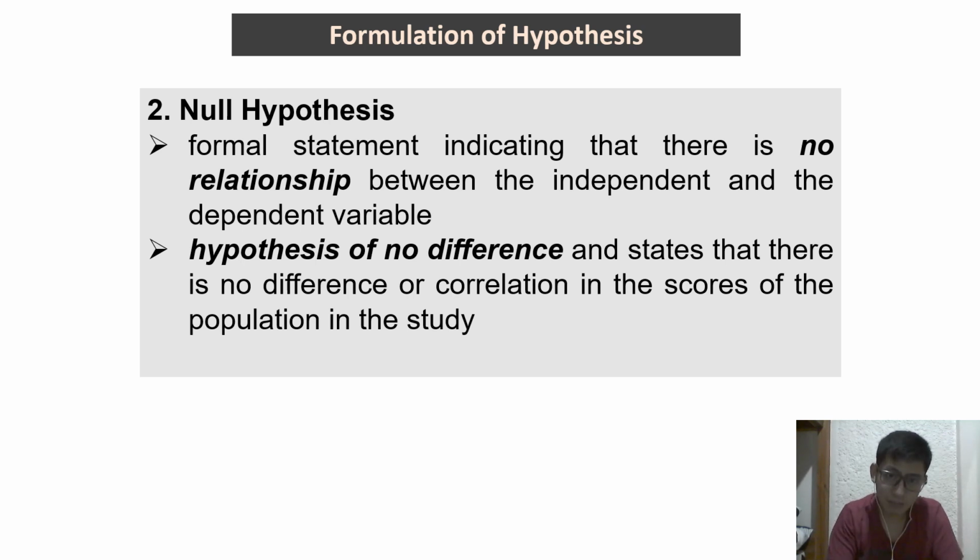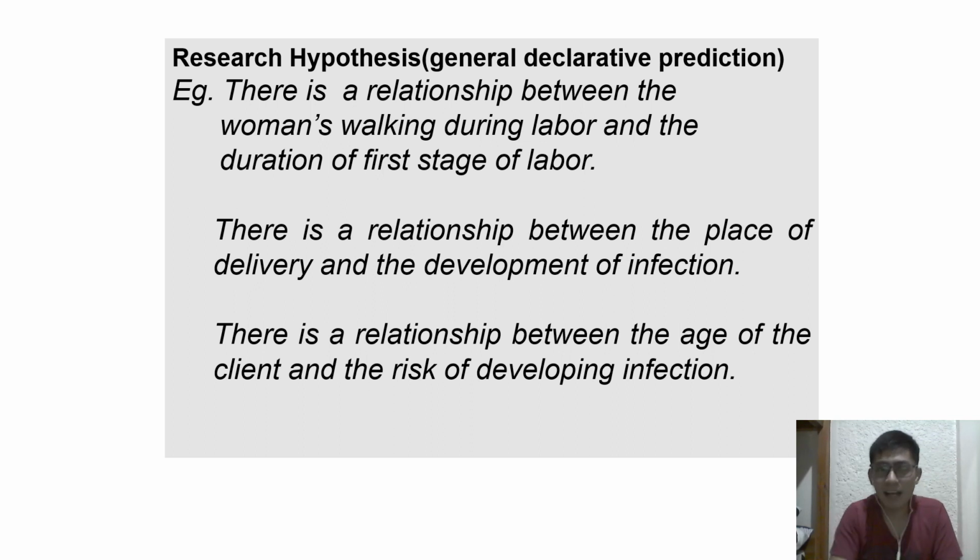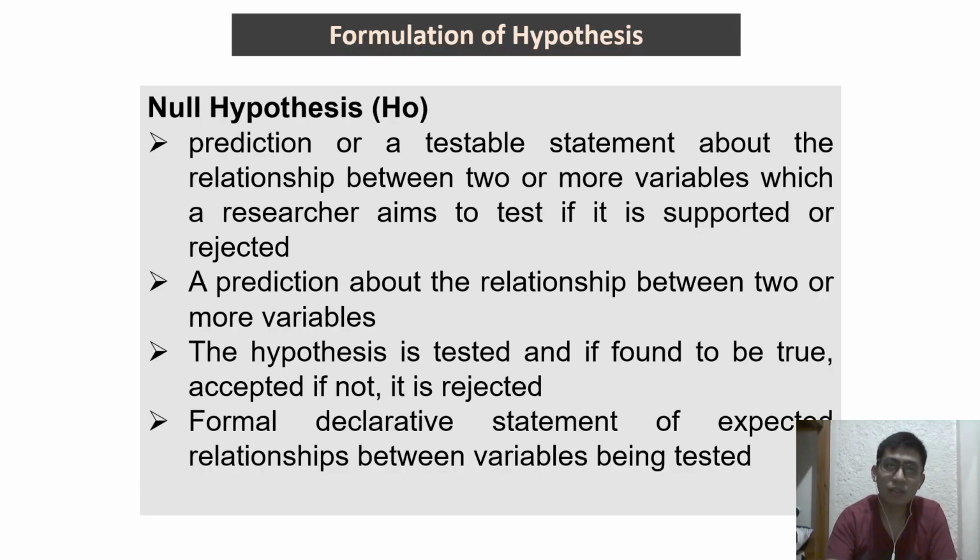There's no relationship between the independent variable, hypothesis of no difference, and states that there's no difference or correlation in the scores of the population of the study, such as there's no relationship between women's walking, and there's no relationship between the age of the client and the risk of developing infection.